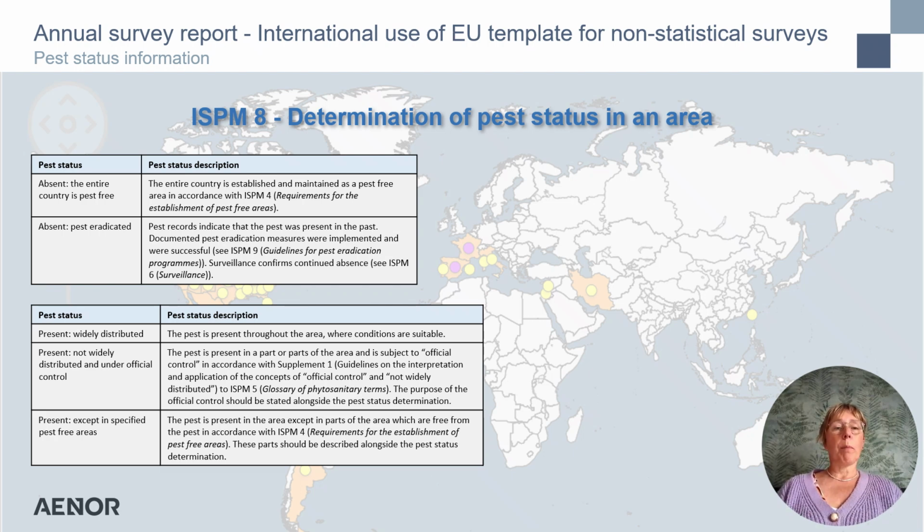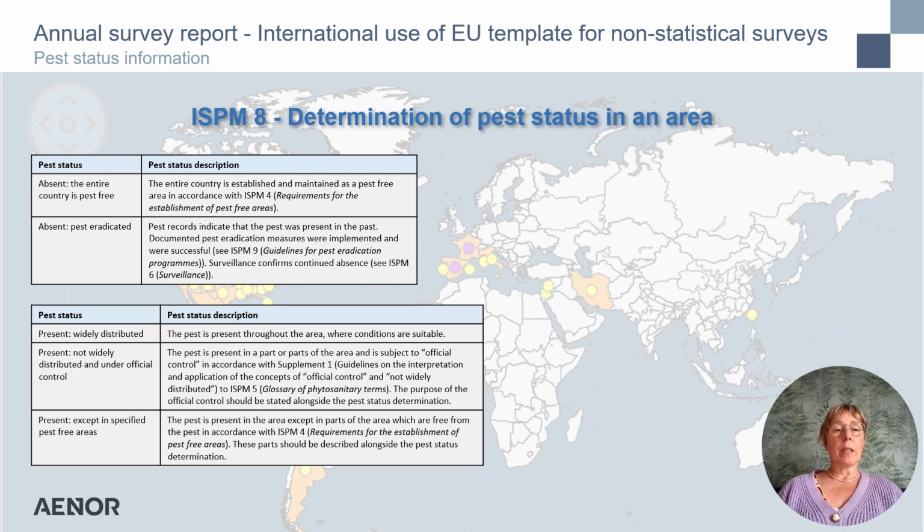For reporting the pest status, only the terms according to ISPM 8 should be used. In historical pest reports and scientific literature, pest statuses other than those of ISPM 8 are sometimes used.